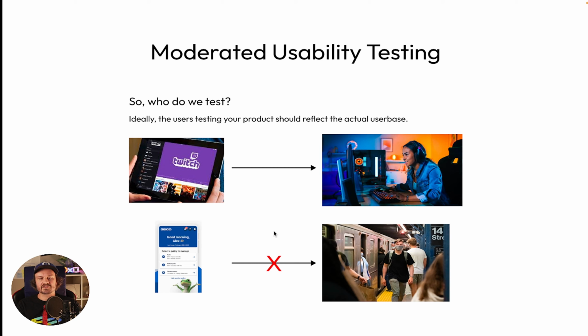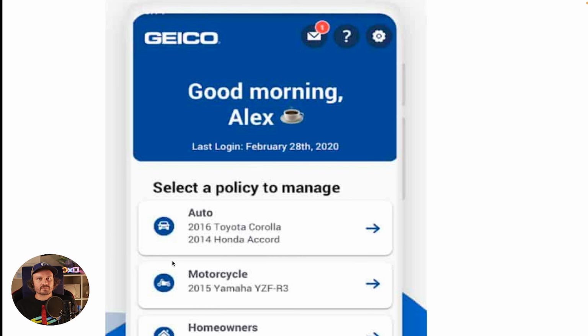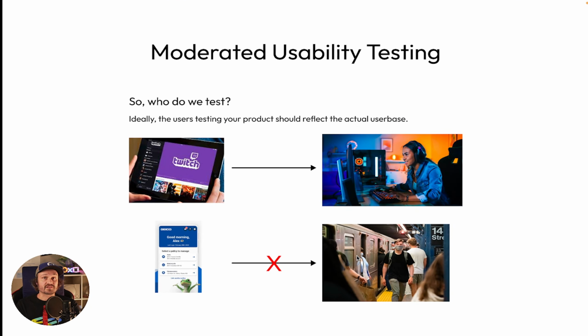And to illustrate a type of user that you may not want to recruit into your testing, it's actually a bit hard to see here, if you are testing, for example, an insurance application for vehicle owners, or people who drive very frequently, and in this example I chose Geico, you may want to screen out, and we'll get to that shortly, individuals who do not own vehicles, or another cohort of individuals who would never use this app and may not be familiar with any of the topics that you would be bringing up and discussing, or any of the goals or tasks that you might try to have them accomplish if they're working through a prototype of yours, for example.